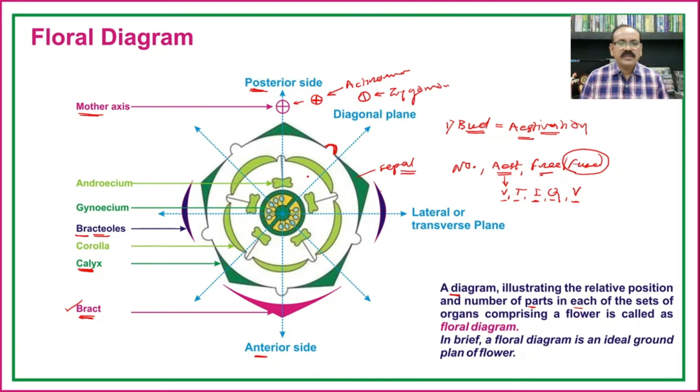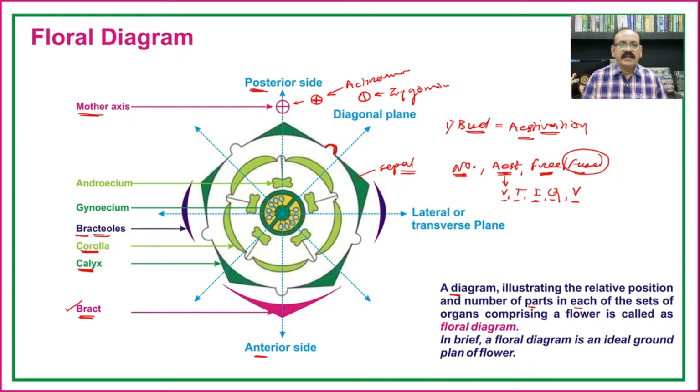In addition to that, to the inner side of the calyx, we have to draw the whorl of the corolla. Again, here also in a similar manner, there is necessity to see the number of petals, then estivation of the petal, and free or fused condition, that is polypetalous condition or gamopetalous condition.